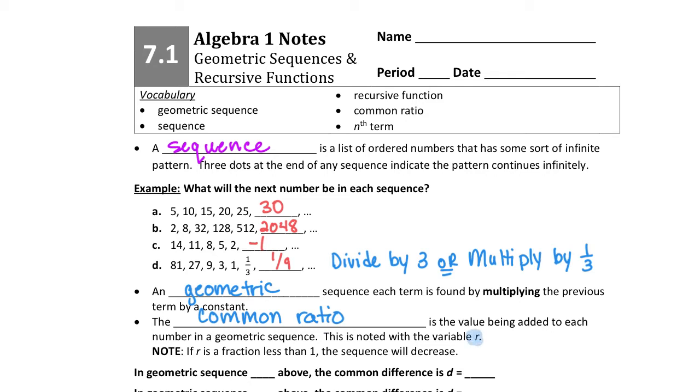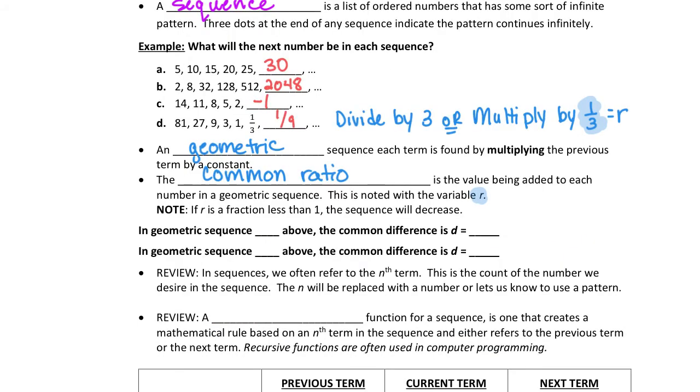So before, when we did arithmetic sequences, we talked about the common difference, and that was the letter d. Now we're going to be using the variable r for the common ratio, the number being multiplied each time. So if I go back to this, multiplying by 1/3, that was my common ratio for that sequence.